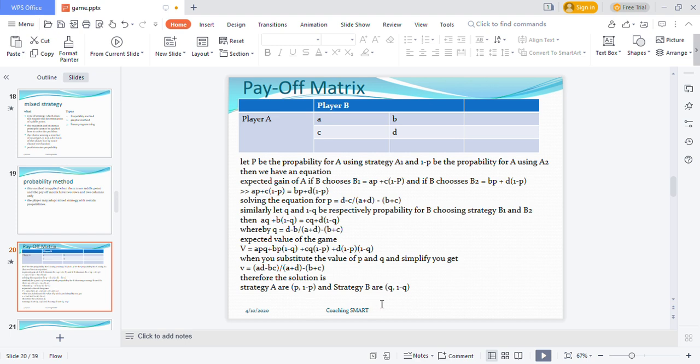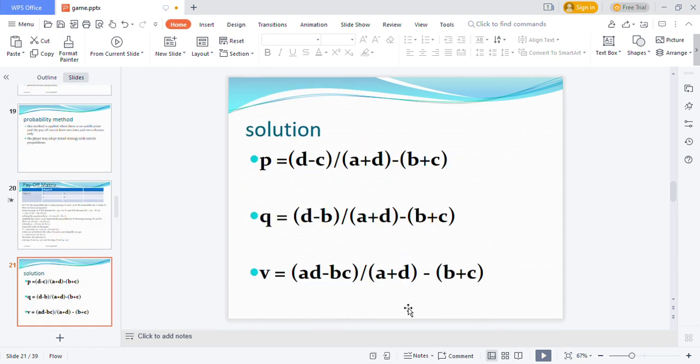And for strategy B is Q, open the bracket, Q, 1 minus Q, close the bracket. So this becomes the solution for the probability. So when you're working with the probability, this becomes the solution.